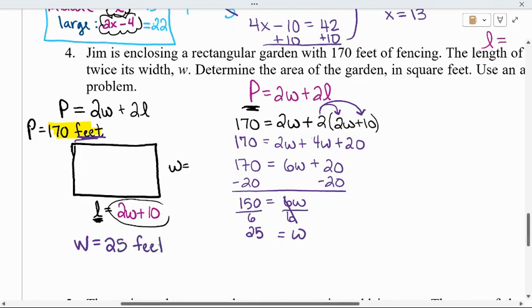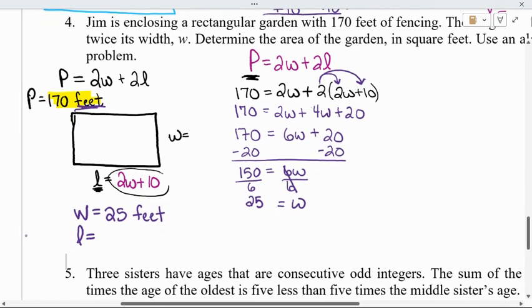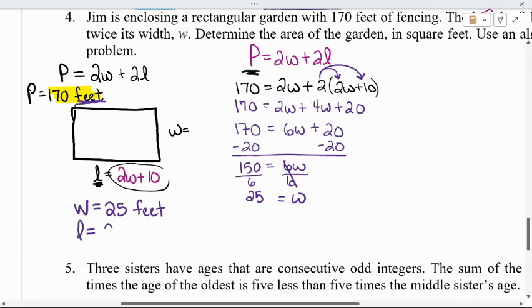And that means that my length is what? How do I find the length? Well, I have to take 2 times my width plus 10. So what is my length? 60, just regular feet. It's not square until we find the area. It's just regular feet, 60 feet.